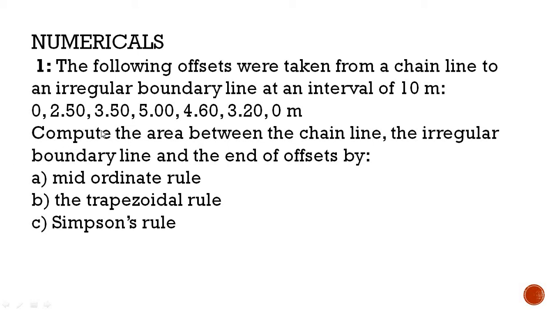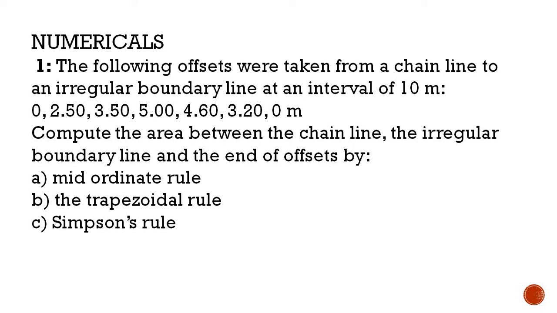So next the question says, compute the area between the chain line and irregular boundary line and end of the offset by following mid-ordinate rule, trapezoidal rule and Simpson's rule. Okay, by following these 3 rules we have to calculate the areas between the chain line and the irregular boundary line and the end of the offset. Okay, fine.